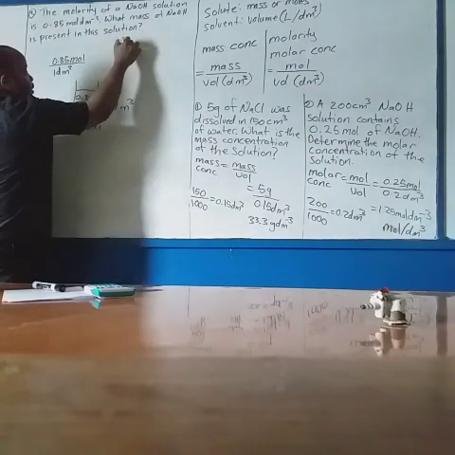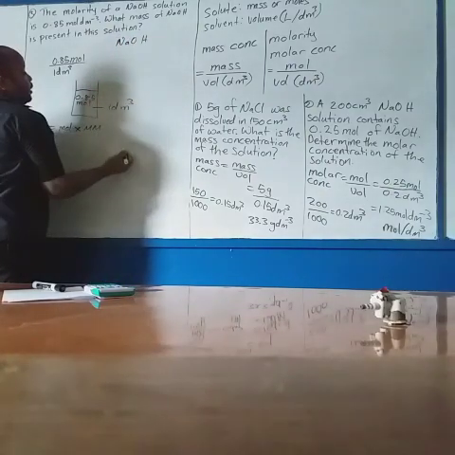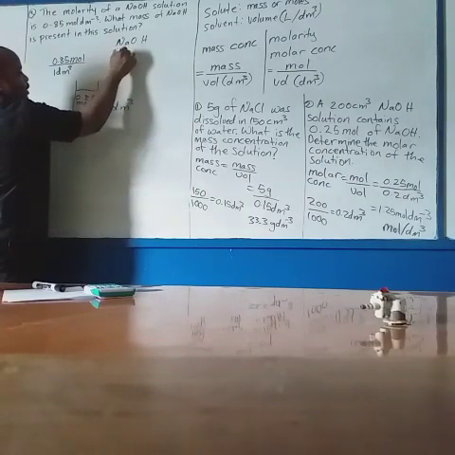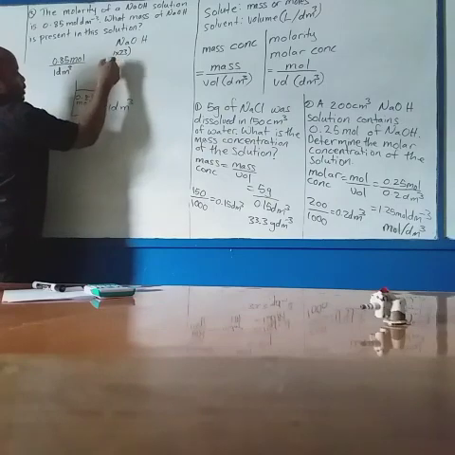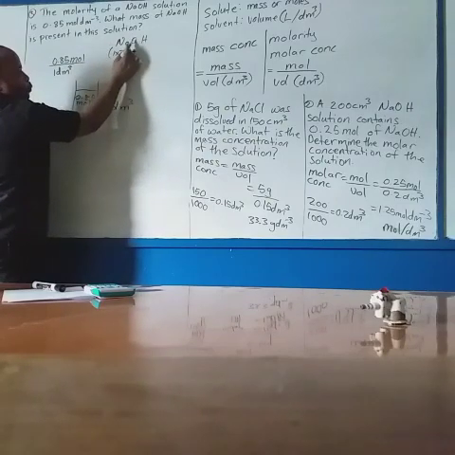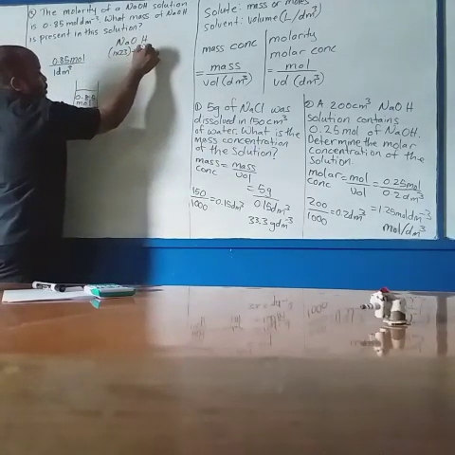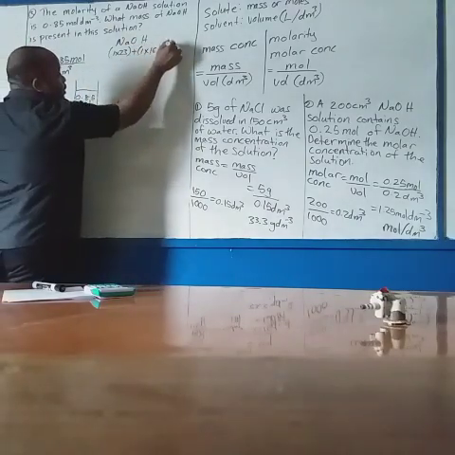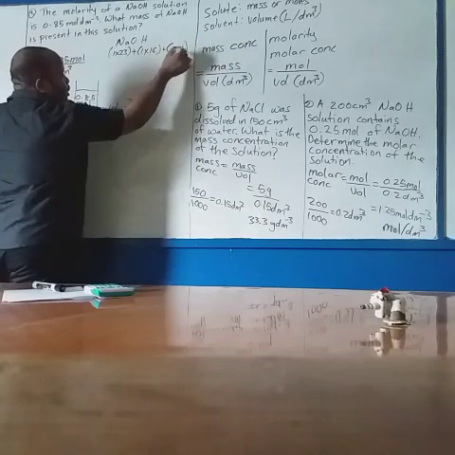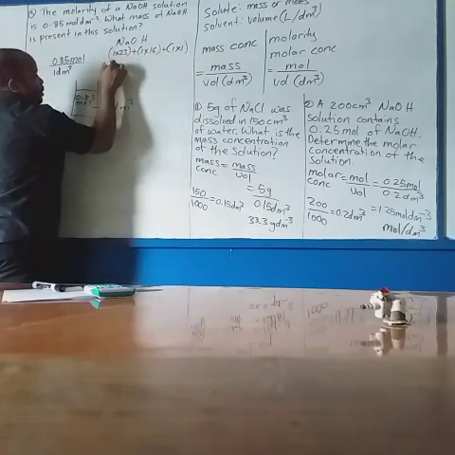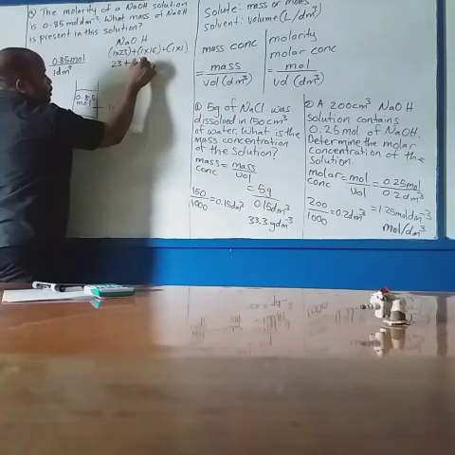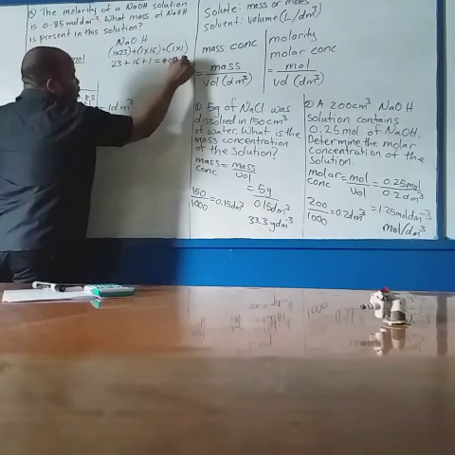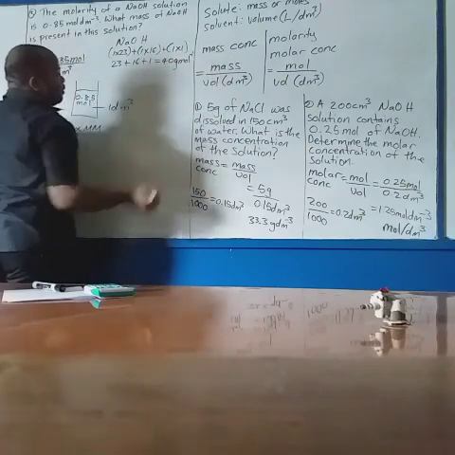Sodium hydroxide is NaOH. We have one atom of sodium, and the mass of sodium is 23. We have one atom of oxygen, mass of that is 16, and we have one atom of hydrogen, and the mass of hydrogen is 1. So that's 23 plus 16 plus 1. And remember, the unit for molar mass is gram per mole.